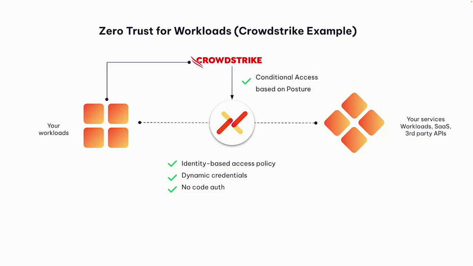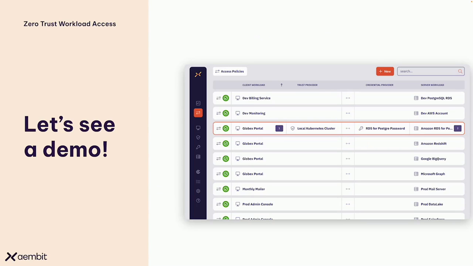This gives you a trusted source to understand your current workload security posture and whether or not it's strong enough in order to allow for access to sensitive services like your databases, data warehouses, your vaults, and other crown jewels that your business depends on. Now, let's get into it. Let's actually see a demo and go from there.